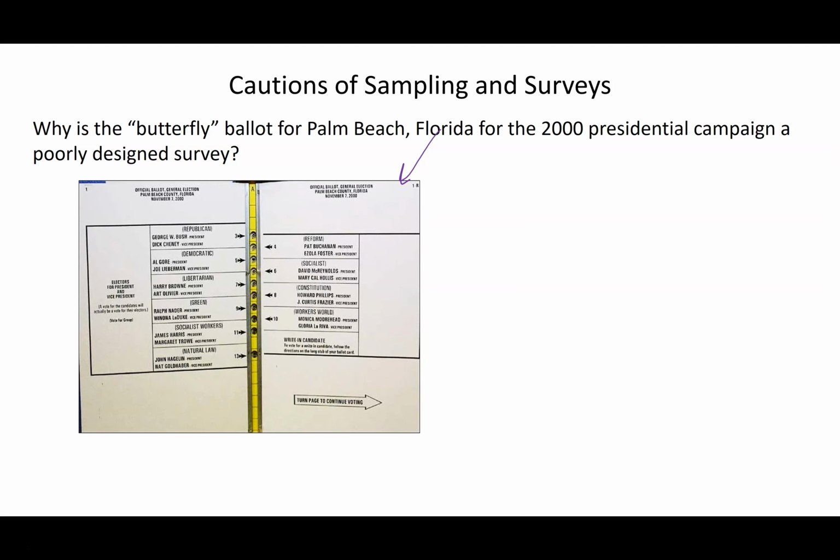So if y'all have had a chance to maybe do an early vote, get your ballot in early, you might notice that usually the top two choices are the Republican and Democratic candidates. Almost always. It's very rare that the top two are not the Democratic and Republican candidates.